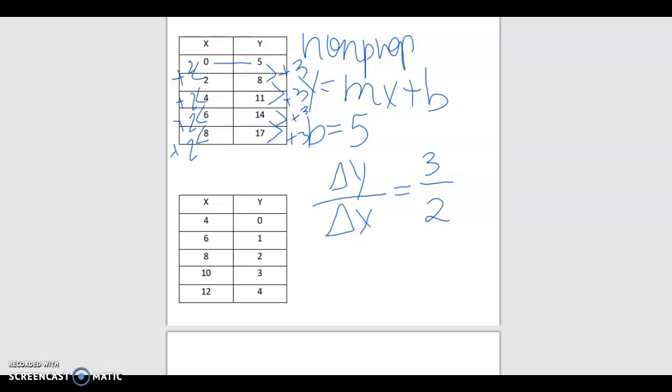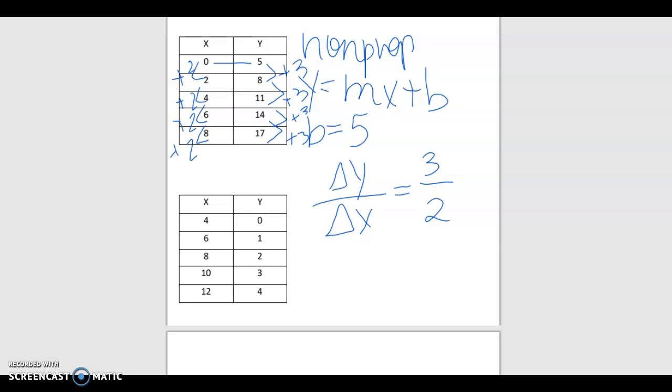If the left is constant and the right is constant, then we know that it is going to be linear. Now for my class, we are only looking at when they're both constant like that. But know that there are some tables where it's not going by the same number every time. We're not going to be doing that for my class.